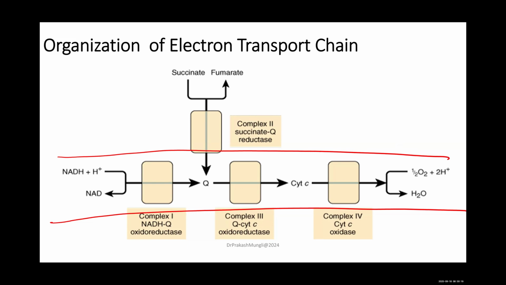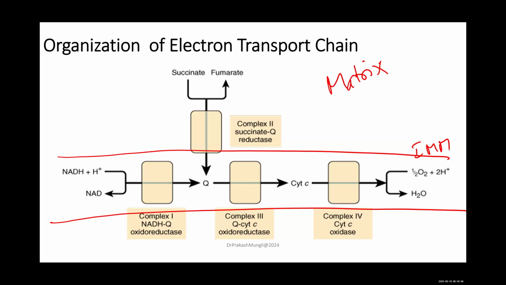Whereas complex 2, it is present towards the inner side of inner mitochondrial membrane. Inner side means matrix side. Complex 2 is kind of projected into the matrix while attaching to the inner mitochondrial membrane. If I write this side as matrix of mitochondria, and this is inner mitochondrial membrane, okay.